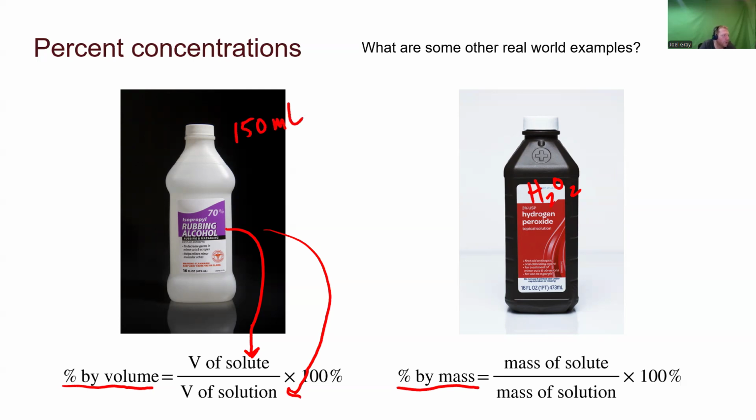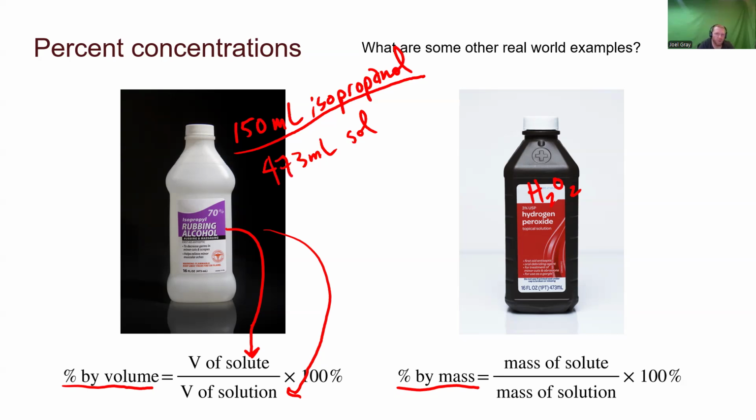So what you do for this is, let's say that we made 150 milliliters of isopropanol and had a total solution volume of, let's see, it says 473 milliliters on the bottle. So we have the volume of our solute and the volume of our solution.